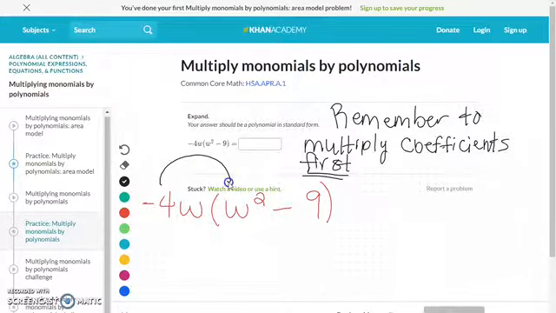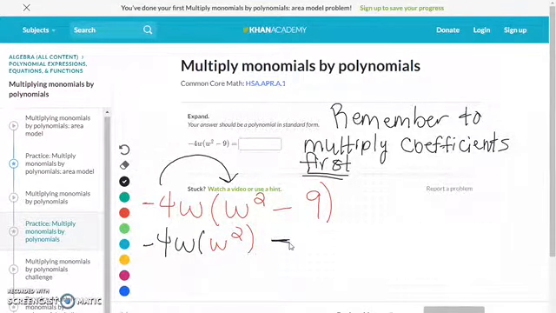So I'm drawing the arrows to multiply them in order. So it'll be negative 4w times w squared, which is negative 4 times w squared. And you know that when you're multiplying variables with the same base, you just add the exponents.